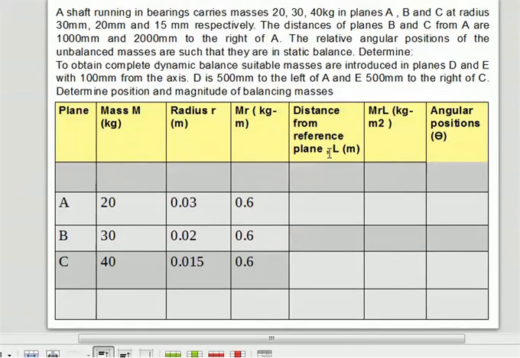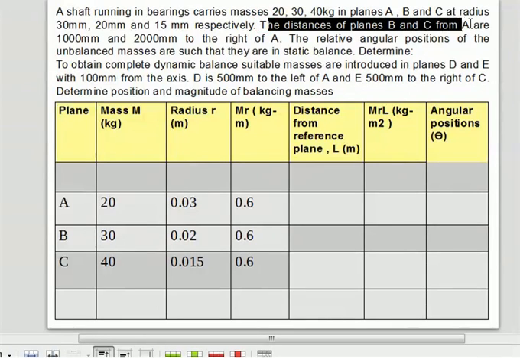Before proceeding further, we'll draw the horizontal distance between each plane in the diagram. In this question it is given that the distance of planes B and C with respect to A is 1000 mm and 2000 mm to the right of A. So we'll mark those dimensions first.